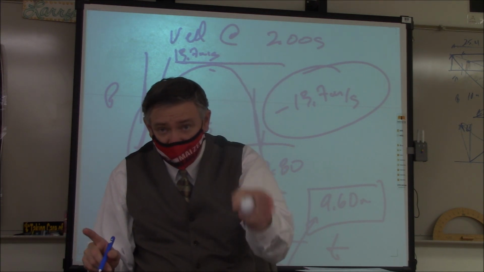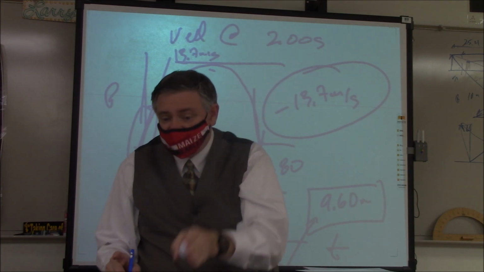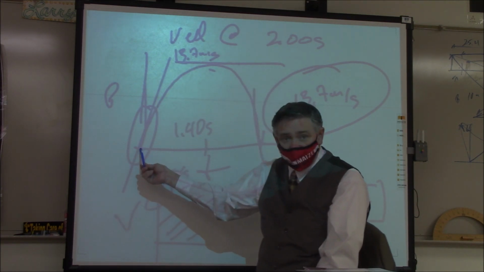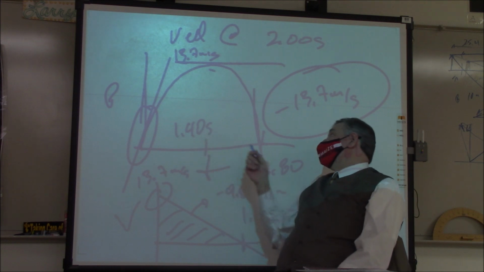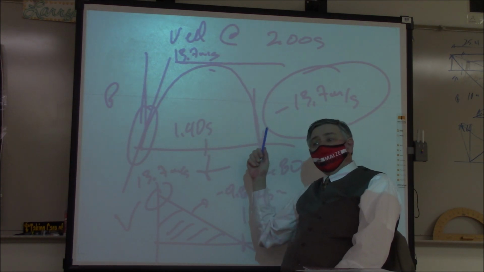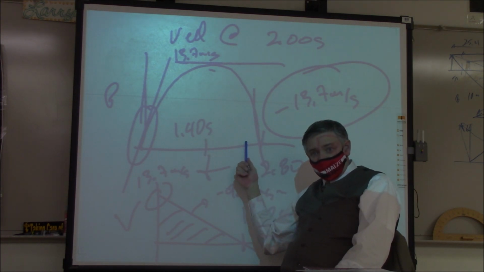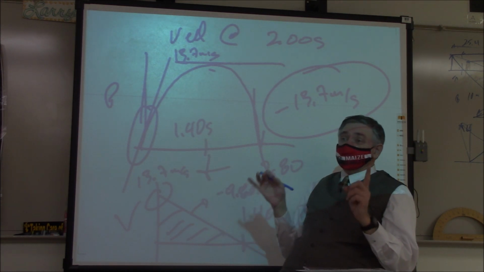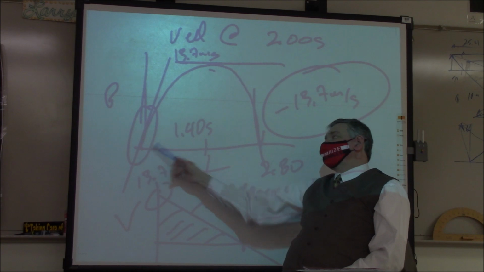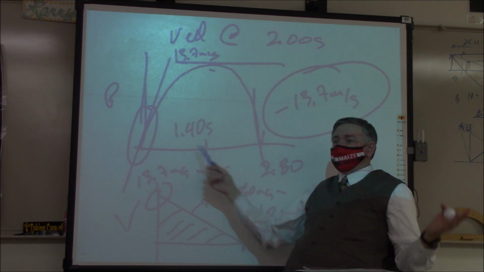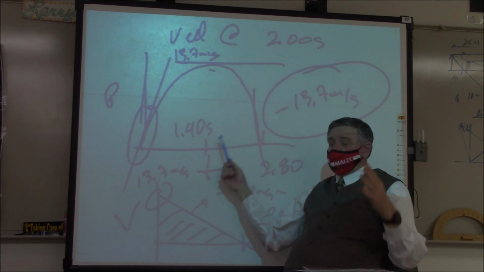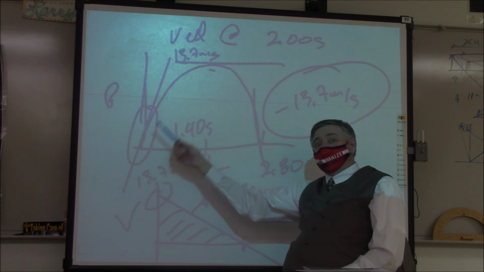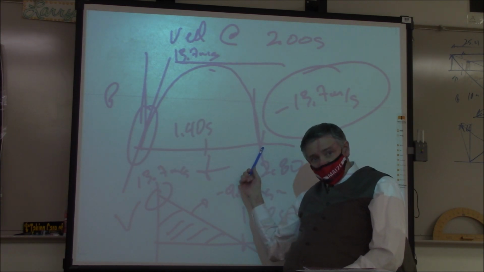You're going to have the same magnitude of 13.7, so the slope of this tangent line would be positive 13.7, but the velocity here would be negative 13.7. So you have to keep straight the terminology. Speed is just how fast it's going: 13.7, 13.7. Velocity, though, would be positive 13.7 and then negative 13.7.